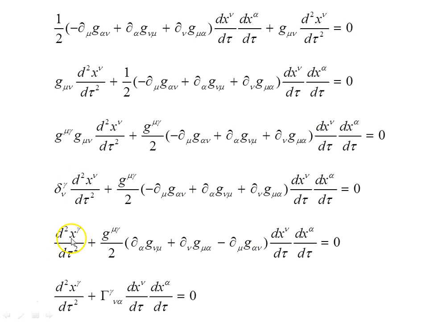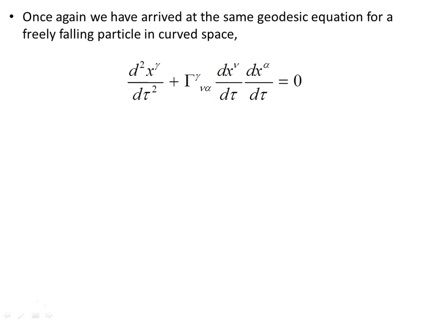We get the second derivative of x gamma with respect to tau times this object here. Now this is just a Christoffel symbol of the second kind, so it can be tidied up to produce this object here. And this is just the geodesic equation again. So once again we've arrived at the same geodesic equation for a freely falling particle in curved space, and that's this object here.